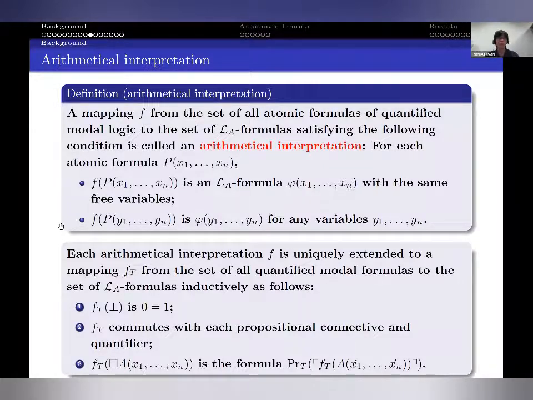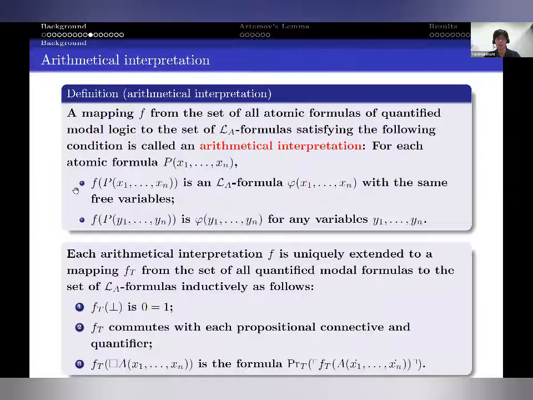A mapping F from the set of all atomic formulas of quantified modal logic to the set of formulas of arithmetic satisfying the following two conditions is called an arithmetical interpretation. For each atomic formula P, F maps P to a formula of arithmetic with the same free variables.